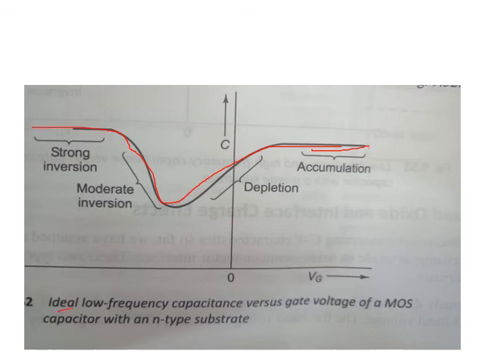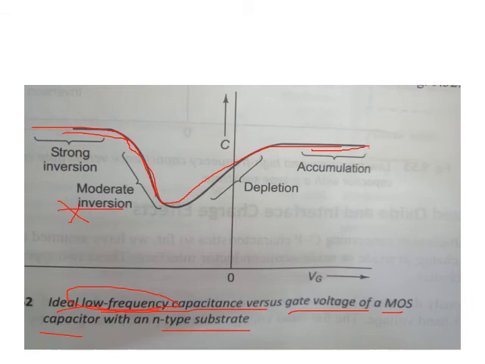So this is the ideal low frequency capacitance. In low frequency the graph will rise up; in high frequency it will not rise up. This is capacitance versus gate voltage of a MOS capacitor with n type substrate.